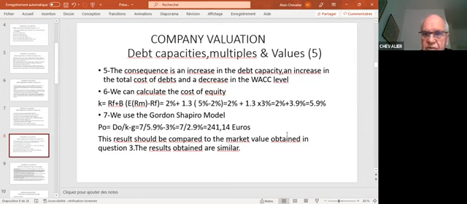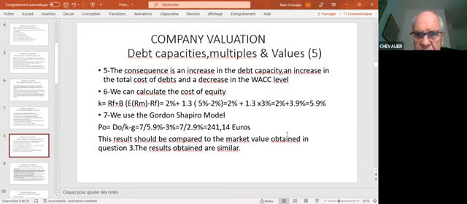And you understand, of course, that again, in the Gordon-Shapiro model, we have several hypotheses which are quite strong. The G value here is also a proxy. D0 is more for confidence, it's a very short-term element, and generally the decision is made in advance, even if the dividend is not made.